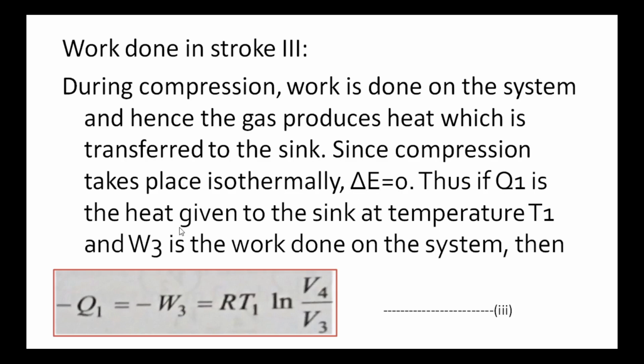Thus, if Q1 is the heat given to the sink at temperature T1 and W3 is the work done on the system, then here minus sign for heat because heat is evolved to the sink. Minus sign for the work done because work is done on the system. So, it is given by the formula RT1 ln V4 by V3. This is taken as equation 3.